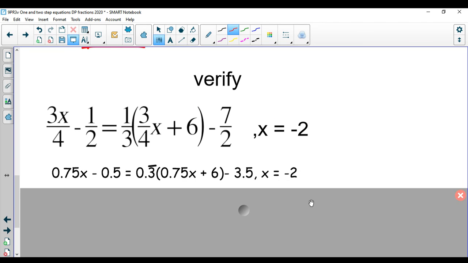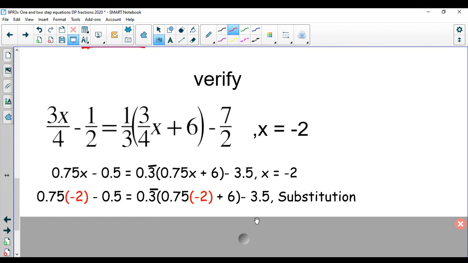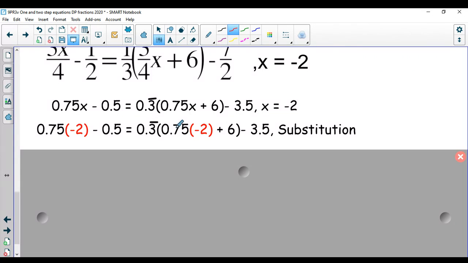My first step is substitute, but look what I did right off the bat. I kicked it right to decimals and substituted with my -2. My substitution's all in red. Look at over top of my 0.3, I got that repeating sign. I need to understand it's repeating. I'm going to have to make some logical decisions when I do my multiplication later on.